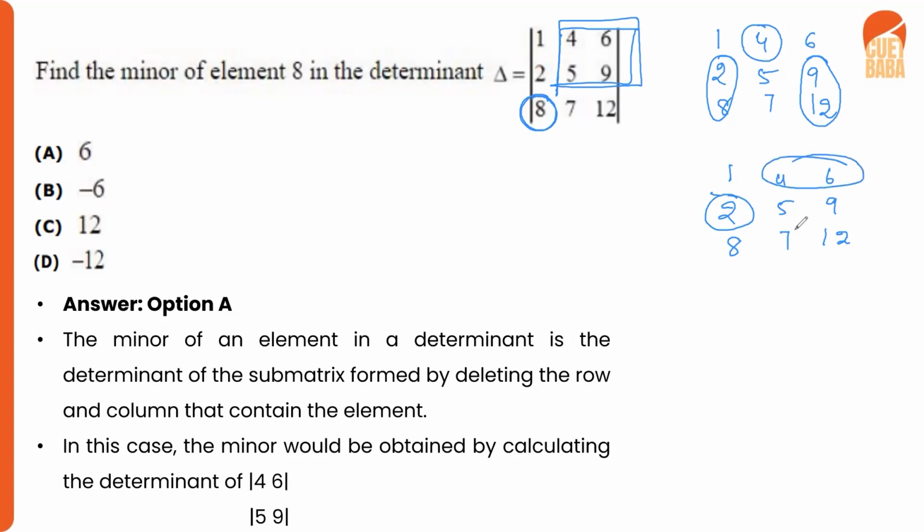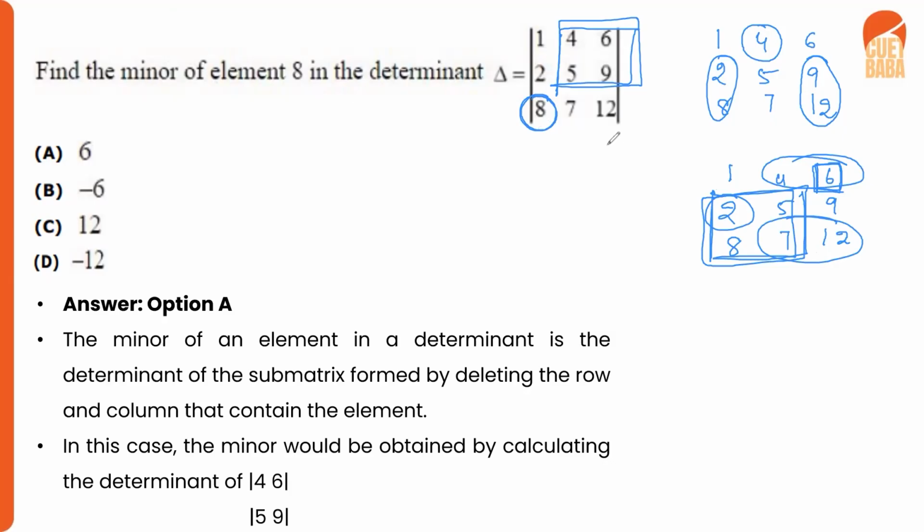We have to take into consideration 4, 6, 7 and 12. If we are asked to find the minor of element 6, then this would be the minor of element 6. So it's a very basic thing. I don't need to give much explanation as we have learned this in detail.